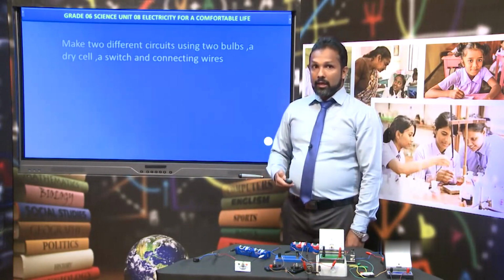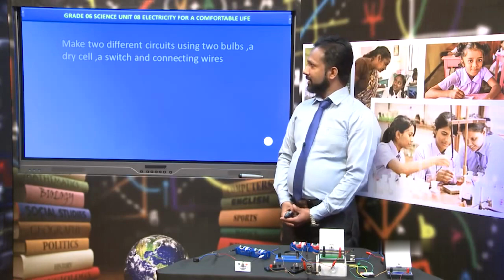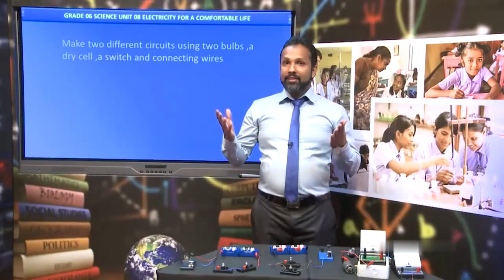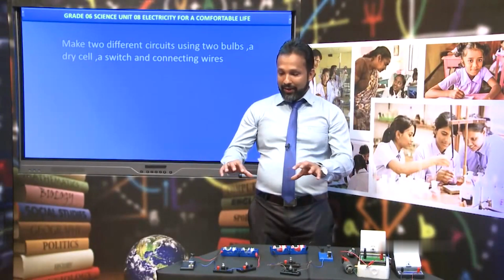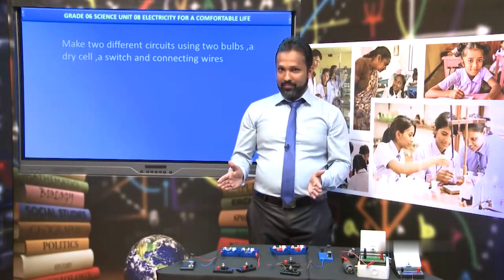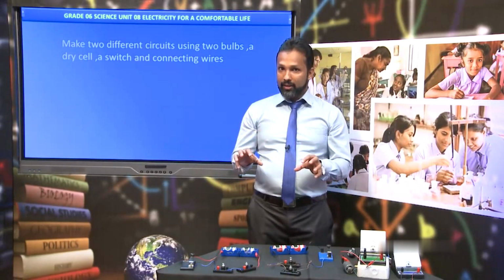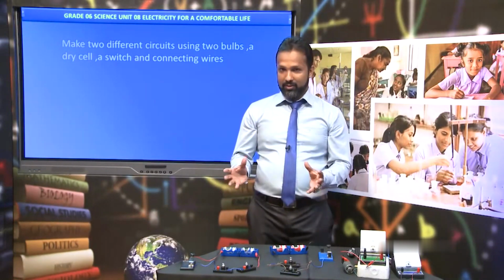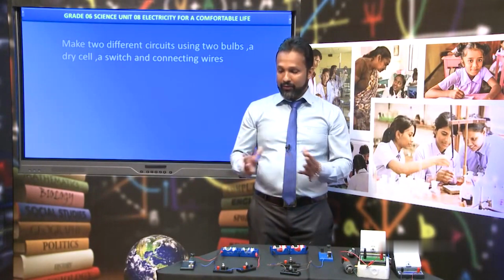Now, let's do a simple activity. Try to make two different circuits using two bulbs, a dry cell, a switch, and connecting wires. My dear children, I have arranged two circuits in different manner. Can you note the difference between these two circuits? Yes, you can identify the difference here.